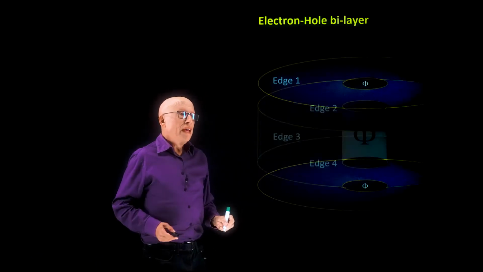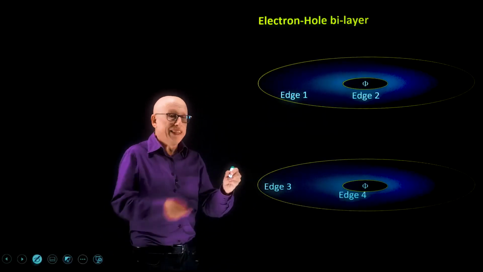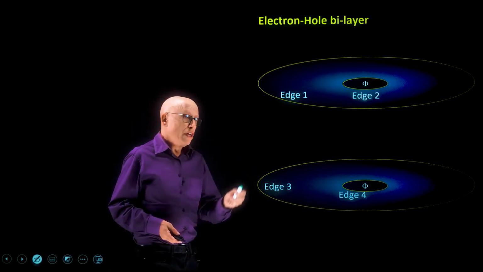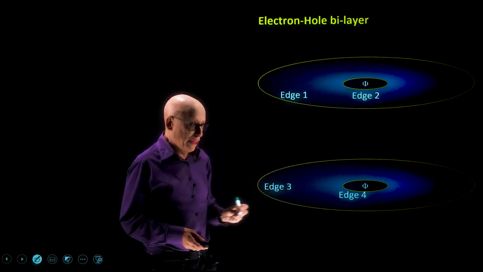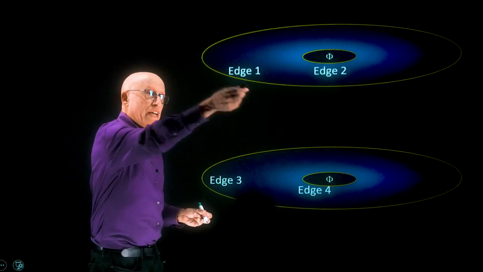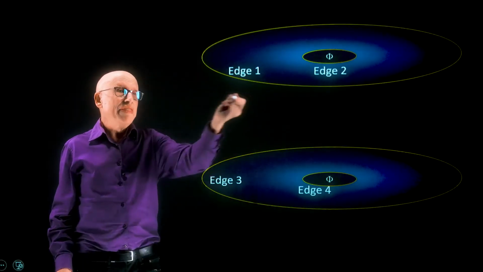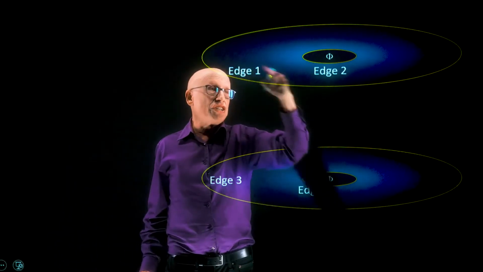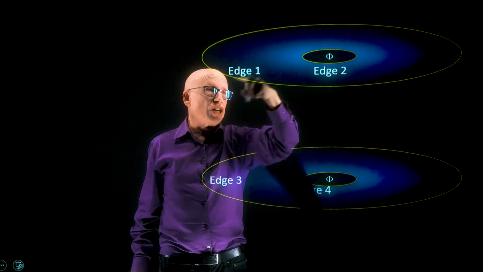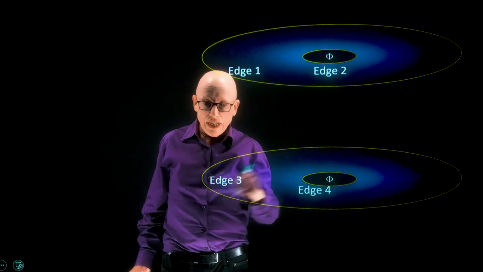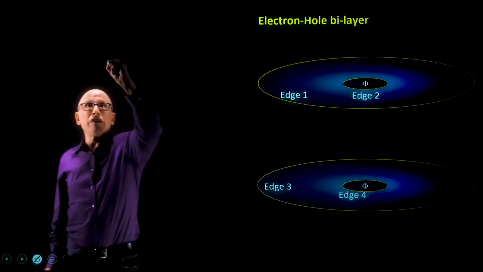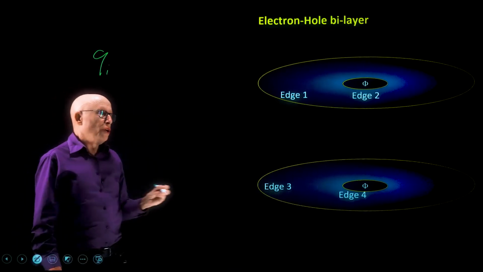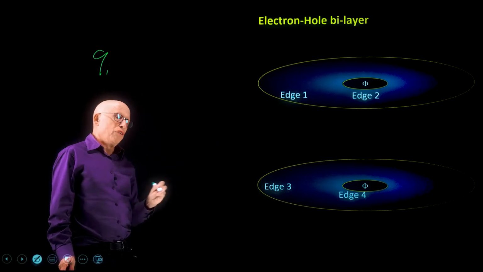If we now decouple the two disks for a few minutes to discuss the physics of each one of them, you see each disk has two edges, and each edge has a certain charge. So we have 4 charges in the 4 edges, which we are going to call Q1, Q2, Q3, Q4.